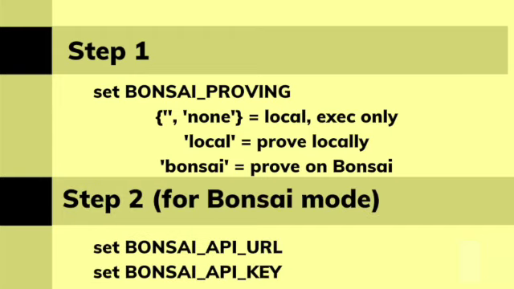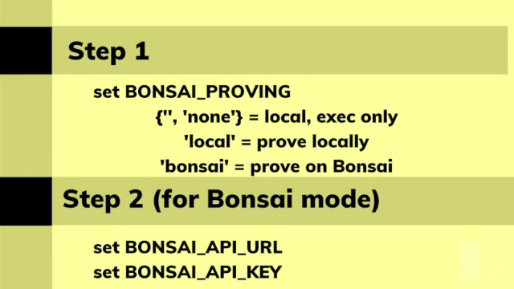So second step, we're going to set the Bonsai API URL environment variable and the Bonsai API key. And both of those are pieces of information that will get to you if you fill out our whitelist approval form. It should be pretty fast turnaround during the hackathon. If you're watching this before the hackathon and you want to get a head start, we have included the URL in our bounty information on the prizes page.